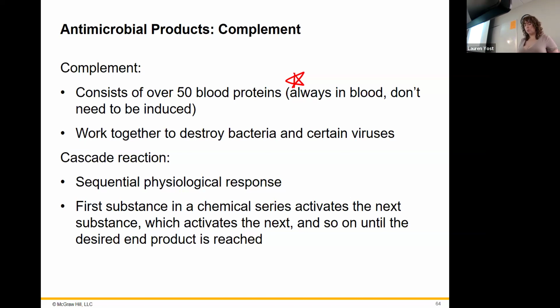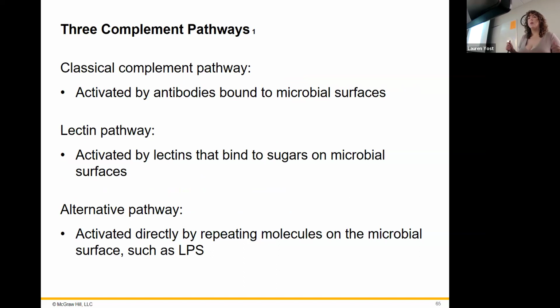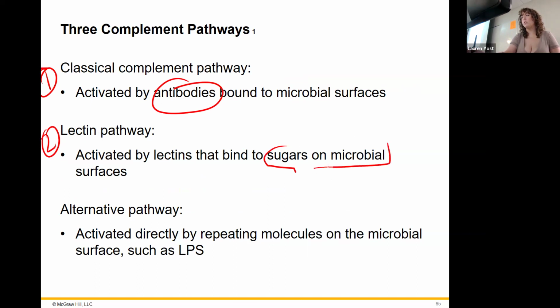It's a sequential response. So it can be activated by antibody, or there's three ways, okay? The first one is antibody. The second is the presence of sugars on microbial surfaces that are recognized by lectins. So we call it the lectin pathway, okay? We're looking for sugars on the microbes that we don't have, usually mannose. Third is the alternative pathway.